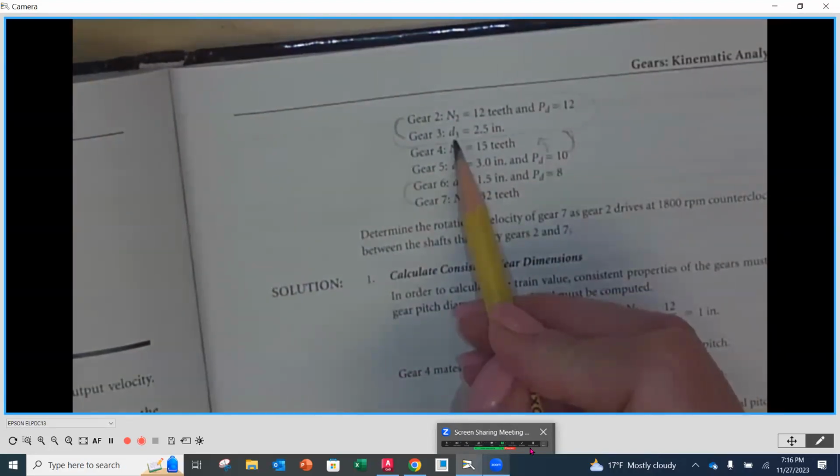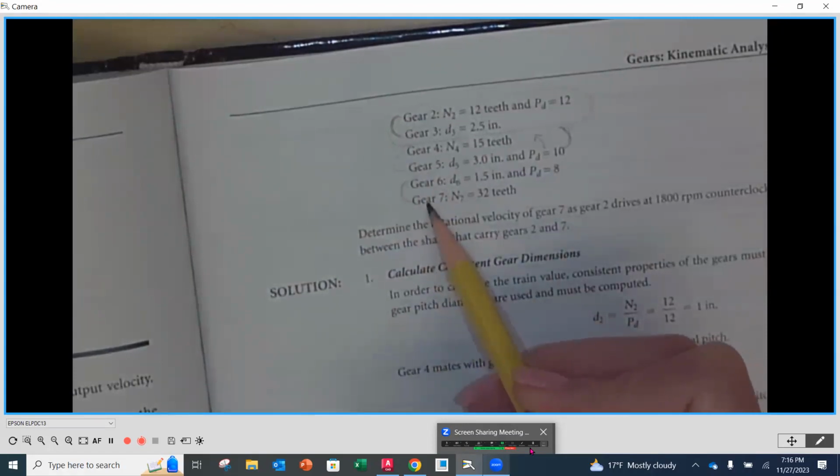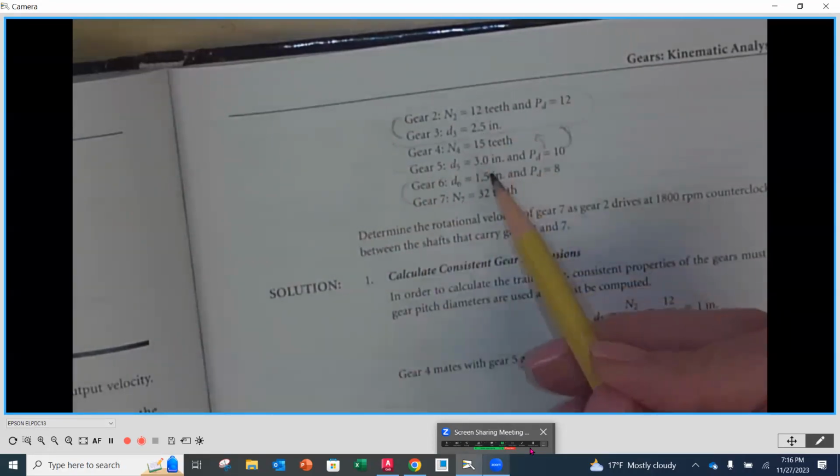That helps us with center distance. So I'm going to find out what the pitch diameter is of gear number 2, and do that very same thing for each of the other pairs, finding the pitch diameter for each one of them, if it's not given.